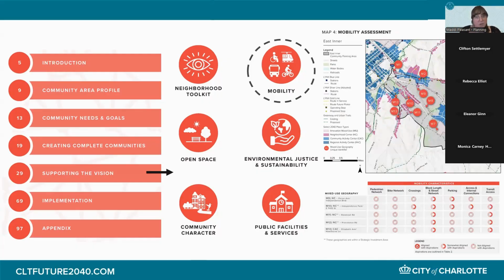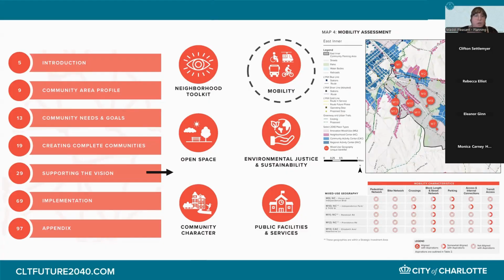Next, the mobility section also includes a new level of guidance called the mobility assessment. This assessment evaluates how well our future mixed-use places are meeting our aspirations, as outlined in the place type descriptions. These assessments should be used by all stakeholders, which would include residents, developers, and city officials, to inform future development and infrastructure projects within these areas.